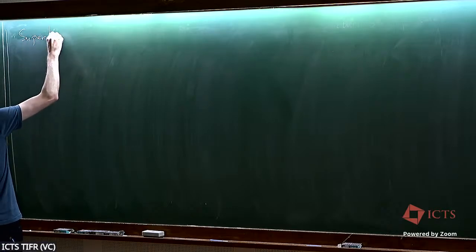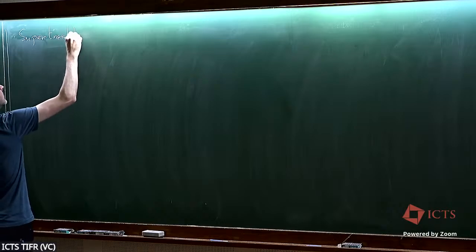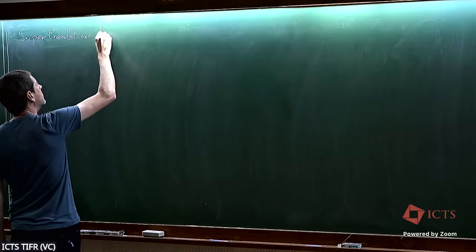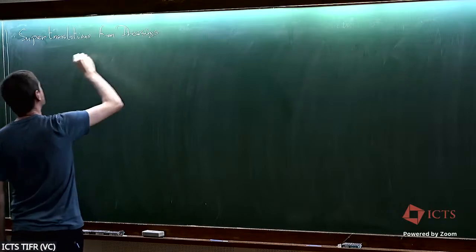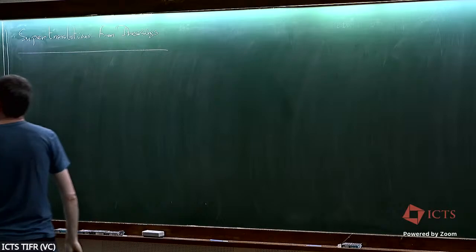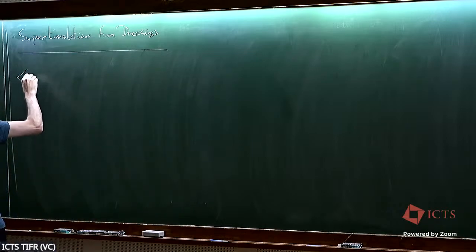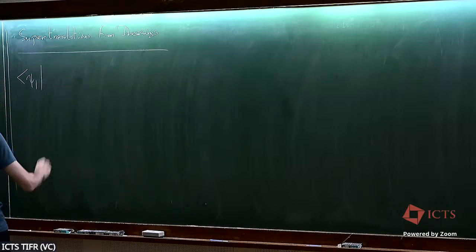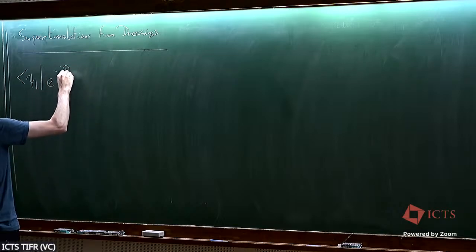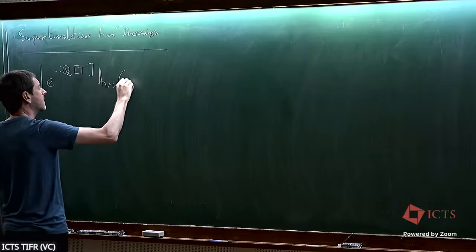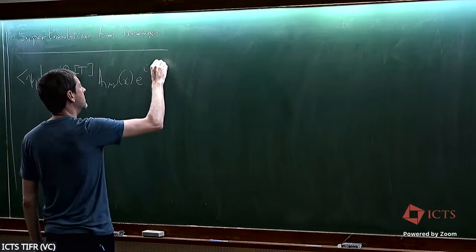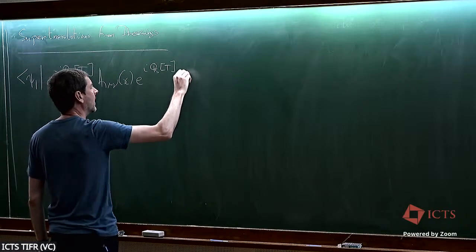You get super translations from dressings. Okay, so we just have to compute the expectation value of this dressed state, e to the minus I qs of t, on h mu nu x, e to the I qs of t, on psi1.